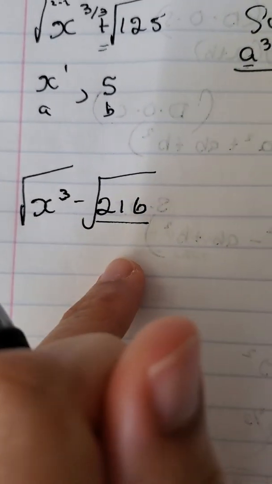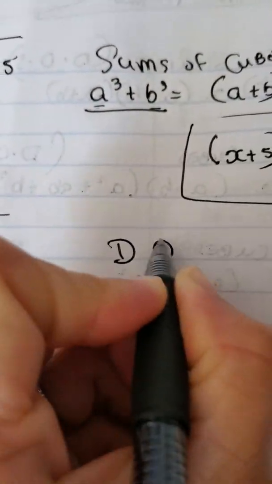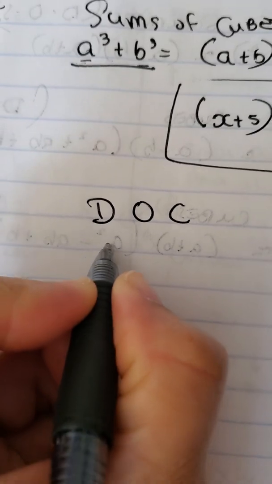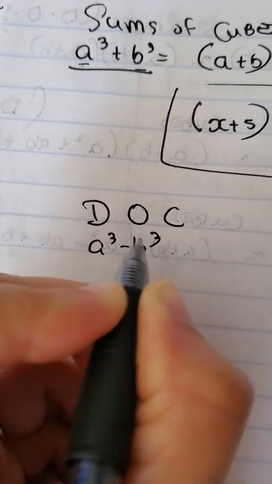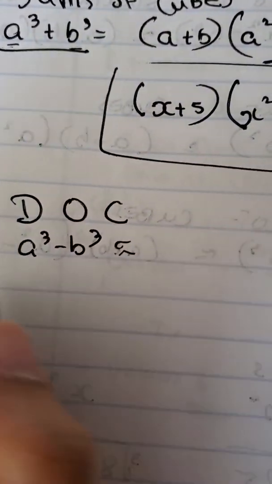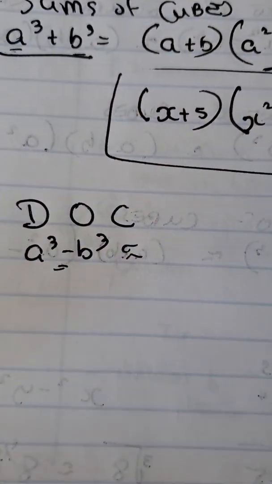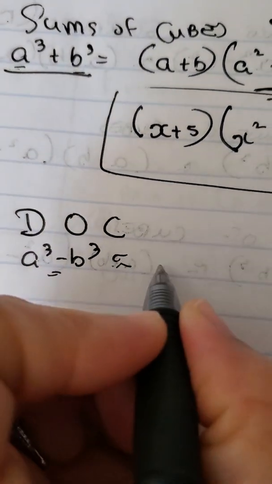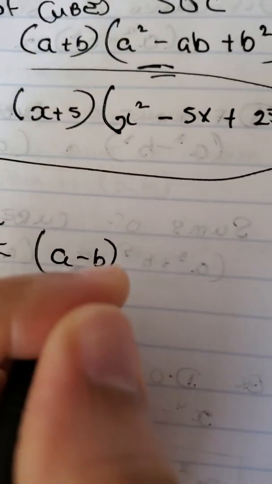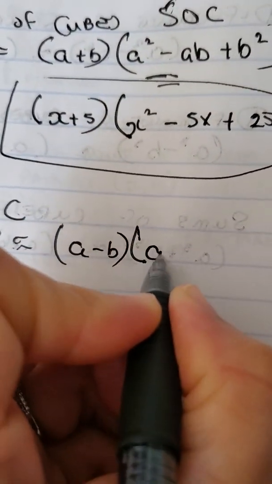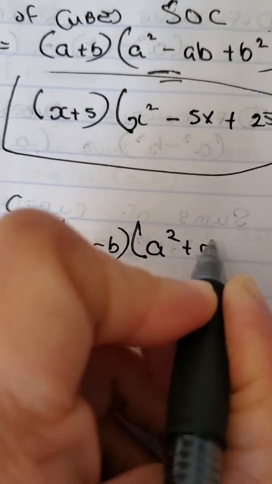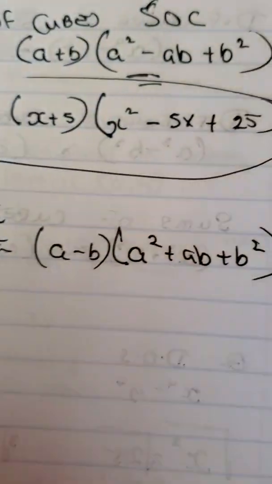Now notice this is a difference of cubes. Difference of cubes, DOC. And remember the formula for difference of cubes. If we commit to memory, we know that our first factor will take the sign of our original term. So this would be a minus b. And then we know that the remaining factors are all sums. So this is a squared plus ab plus b squared.